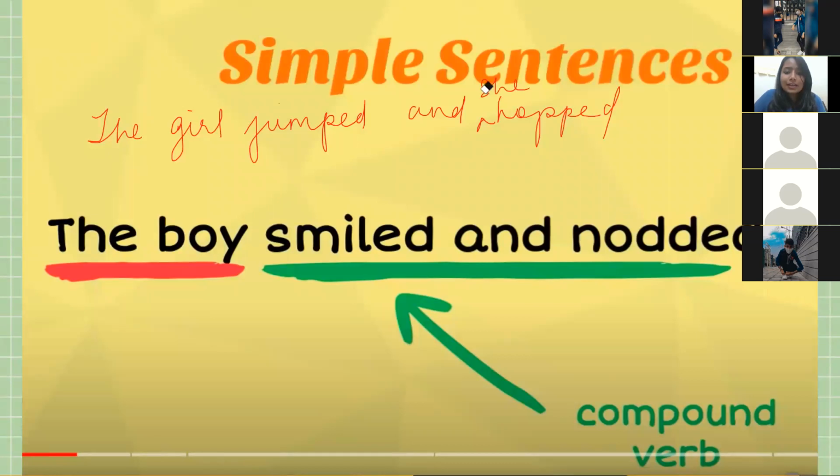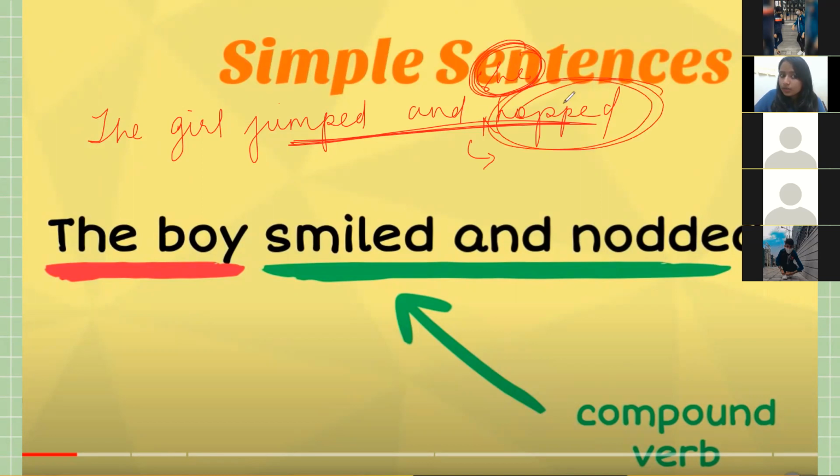If I write the girl jumped and she hopped, there is one more subject and verb here. So this becomes two different sentences: the girl jumped, the girl hopped.